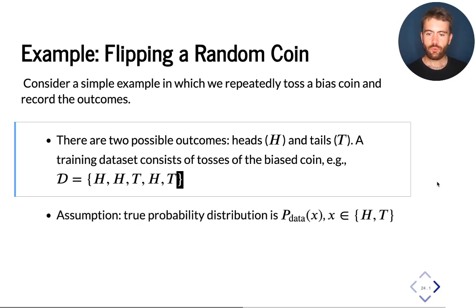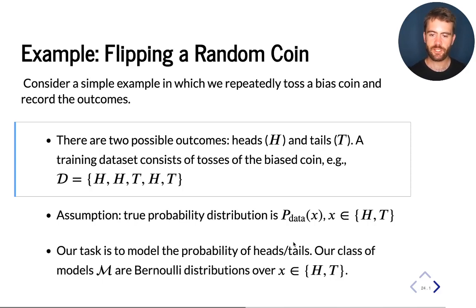We're going to assume that this data is coming from a data distribution. And because we only have two outcomes, our data distribution is going to be a Bernoulli distribution that assigns a probability to the two possible outcomes, either heads or tails.